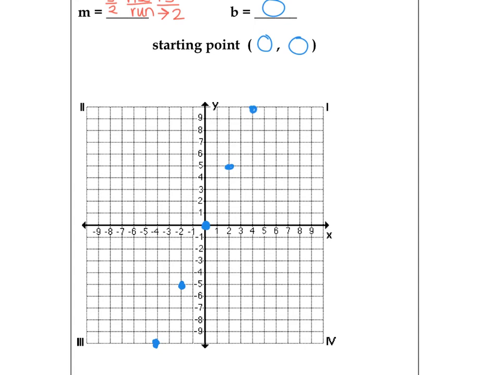When you have all your points, grab your straight edge. And lastly, label your line. Y equals 5 halves x, and you can add the 0 if you want, but you do not have to.